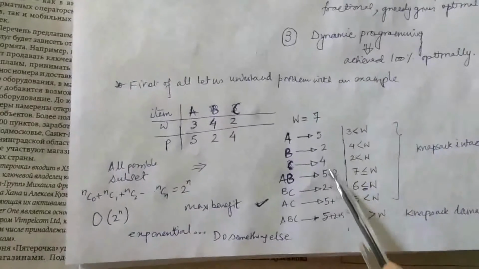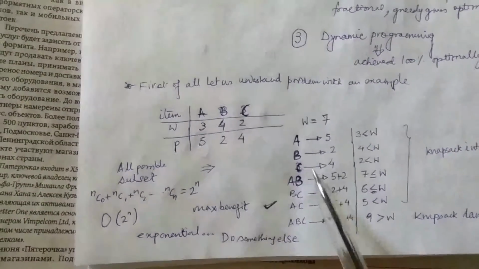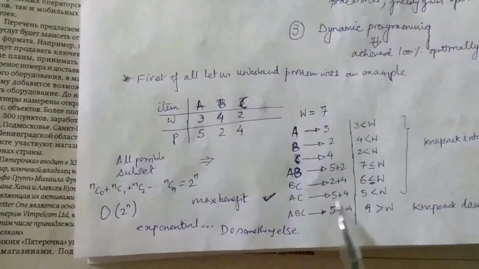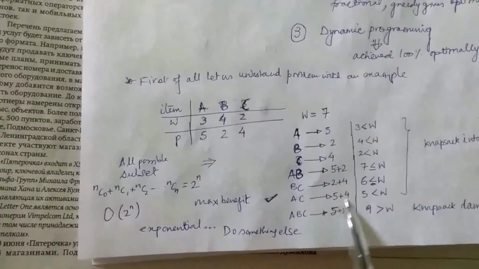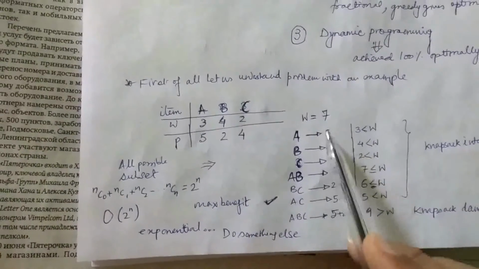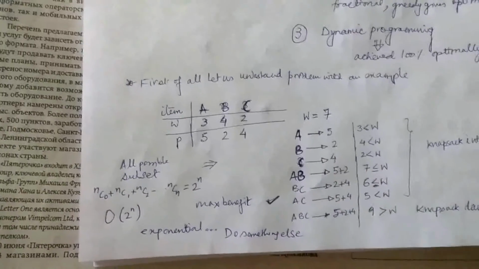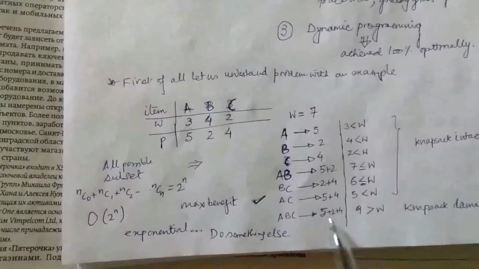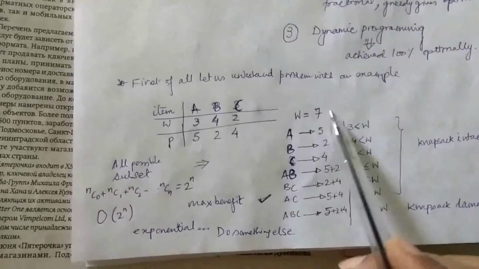In all these cases we pick up A alone, B alone, or C alone, or the AB combination, BC combination, AC combination. We can see 5 plus 4, which is 9, is the maximum of all of these, and the knapsack stays intact and does not get damaged. In the case of ABC, the total weight is 9, which exceeds the 7 value.